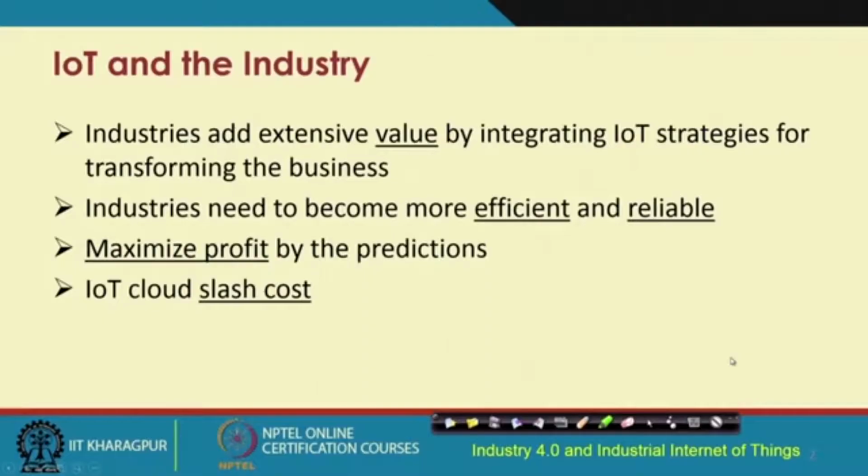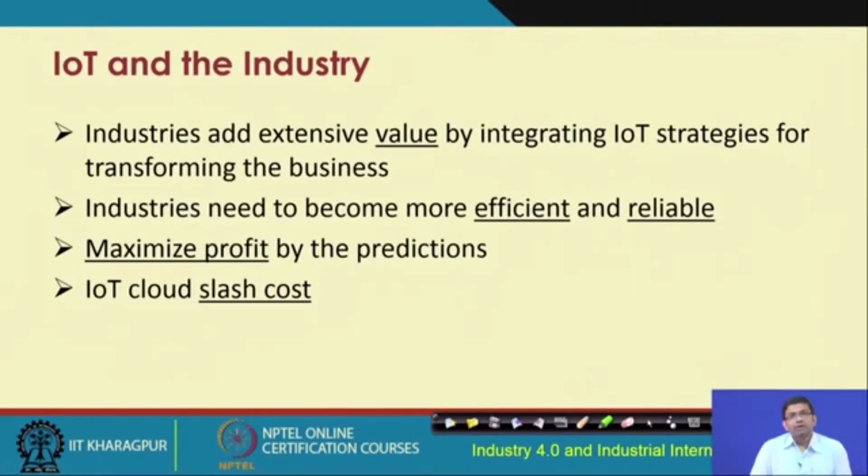But before we do that, I would like to have a recap, because this is going to be the last application that I am going to expose you to in this particular section on applications. I am going to take you through a recap of the issues that are there and the advantages that can be obtained from IoT implementations in the industry.